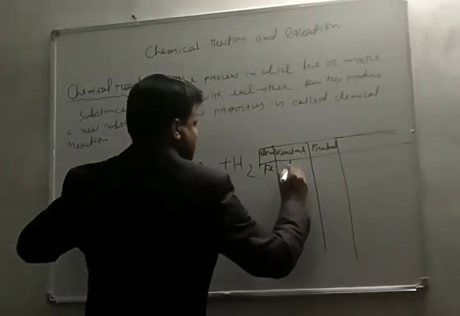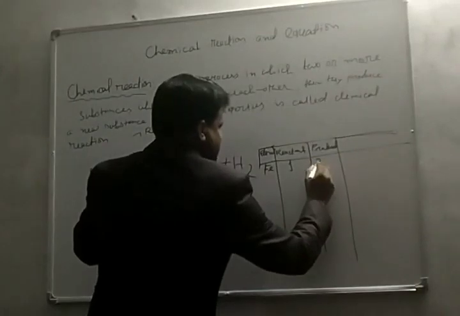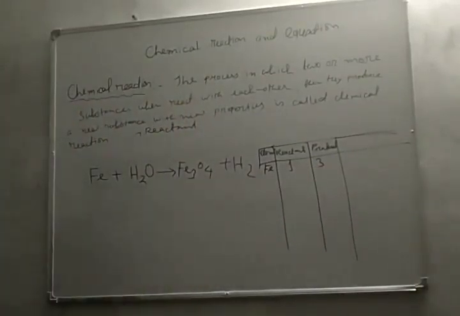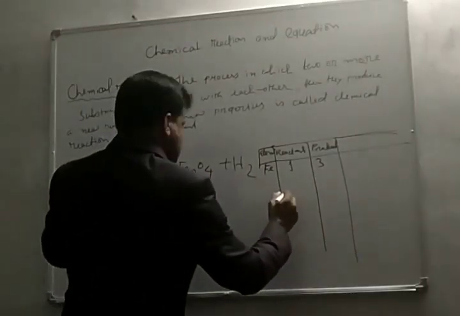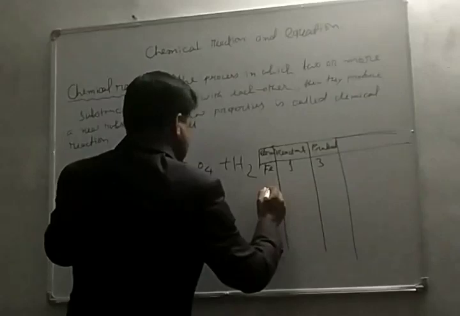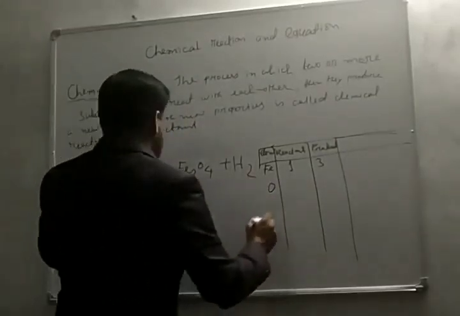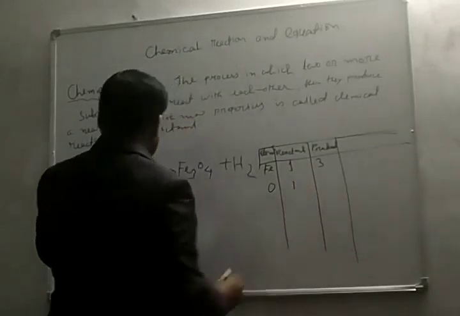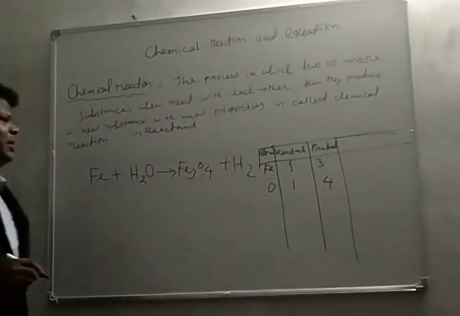In the product, how many iron? 3 iron. Again, in the reactant part, how many oxygen? 1 oxygen. But in the product, how many oxygen? 4 oxygen.